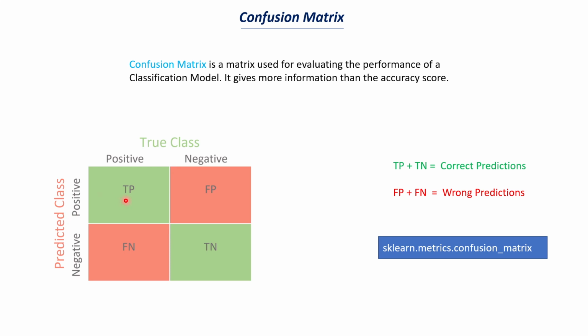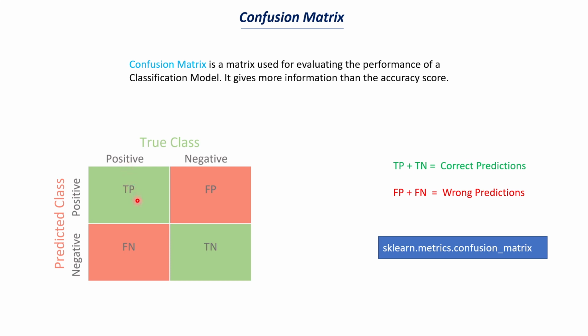Now let's try to understand what these four terms mean. First, we have true positive. Let's say the data set contains 150 data points, and out of these 150 data points, 50 people have COVID infection, so they are COVID positive.